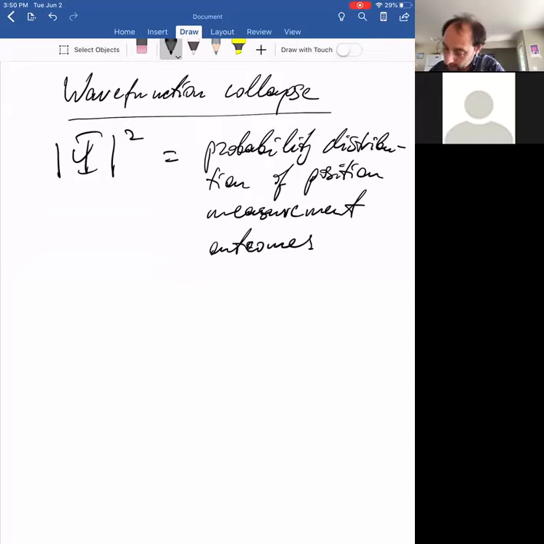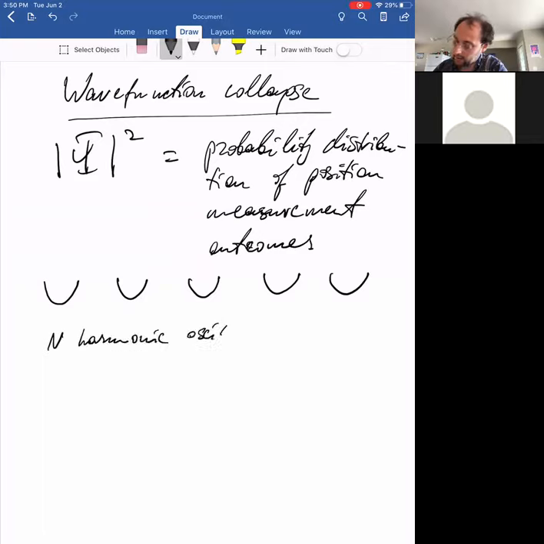So I have, say, a harmonic oscillator, another harmonic oscillator, and so on. So n harmonic oscillators. I prepare them all in a particular state at t equals 0.